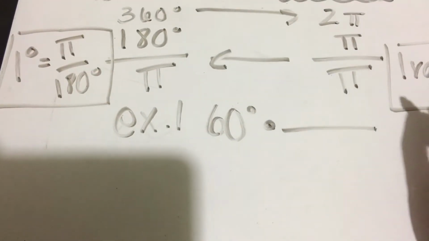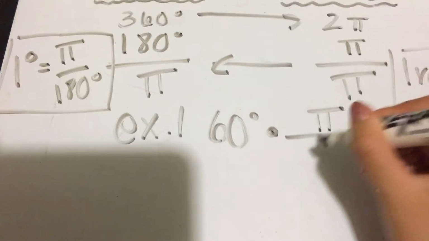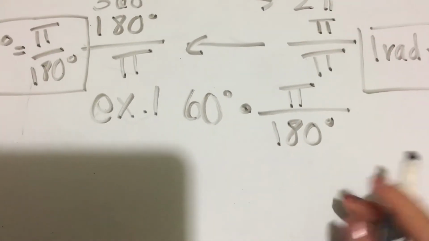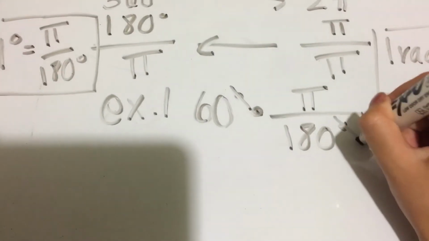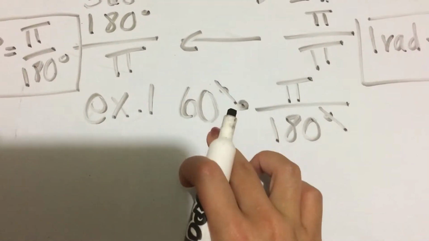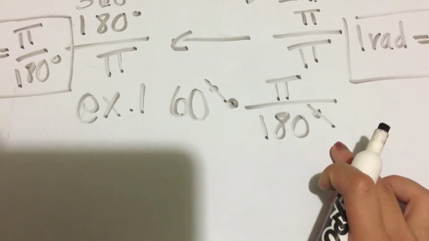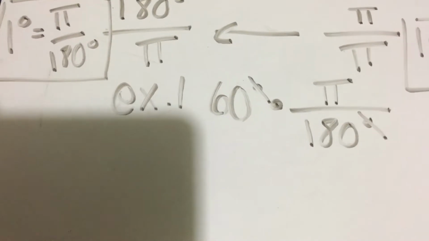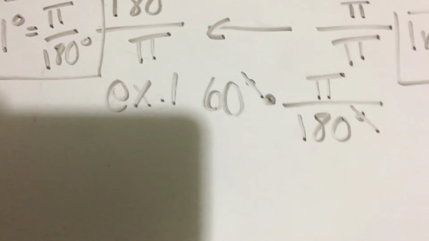Therefore, when given degrees, we will use this conversion factor. If we multiply by that conversion factor, pi over 180 degrees, as expected, the degrees will cancel, and all that's left to do is multiply across, getting 60 pi over 180.